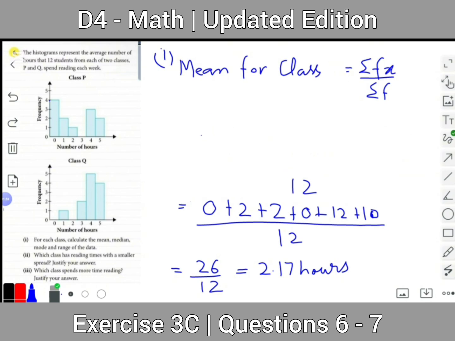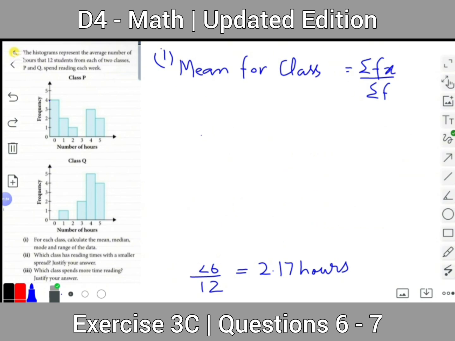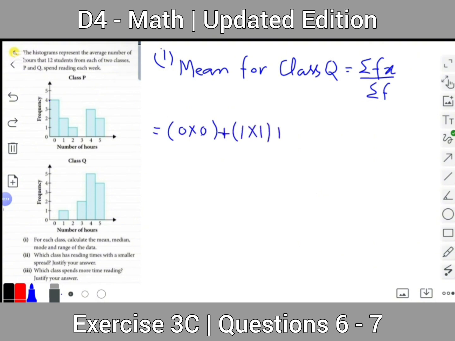Now the mean for class Q. We have 0 multiplied by 0, plus 1 multiplied by 1, plus 2 multiplied by 0, plus 3 multiplied by 2, plus 4 multiplied by 5, plus 5 multiplied by 4, divided by 12.